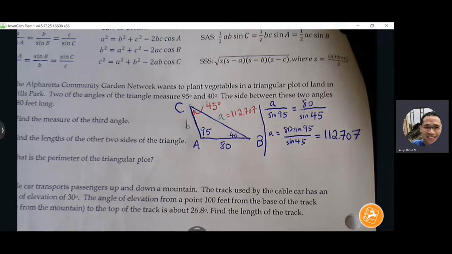Yeah, if you have any calculator questions, feel free to ask. I want you to feel comfortable with everything that you're going to be using with the calculator.